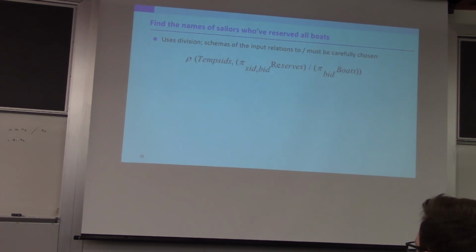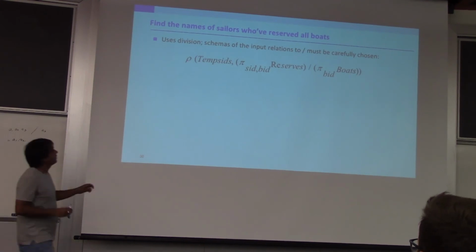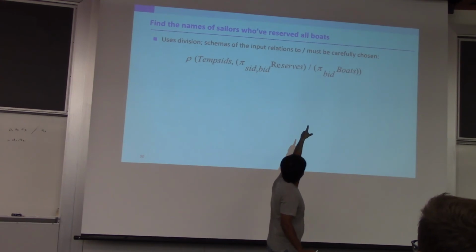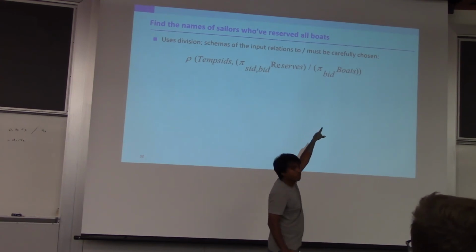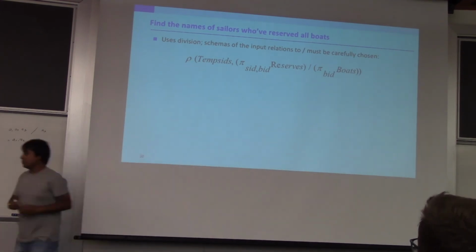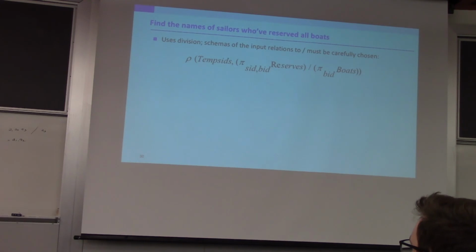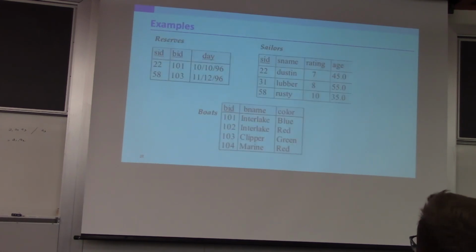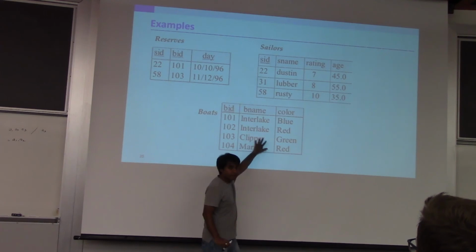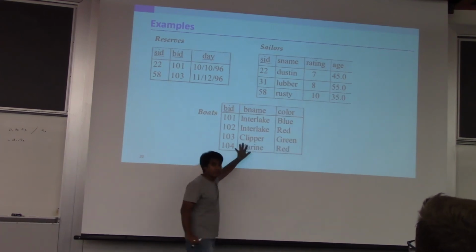If you see this part, this projection of BIDs of the boats. If you don't do that, what happens? The boats table has B name, color, and all these things, right?